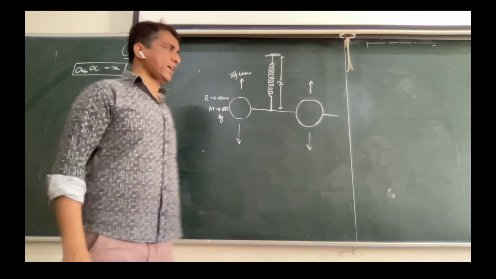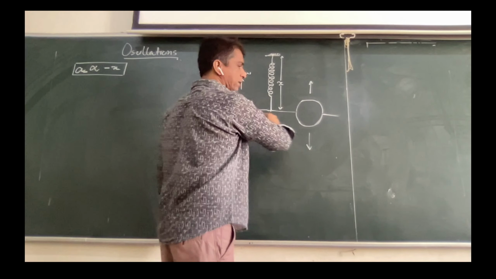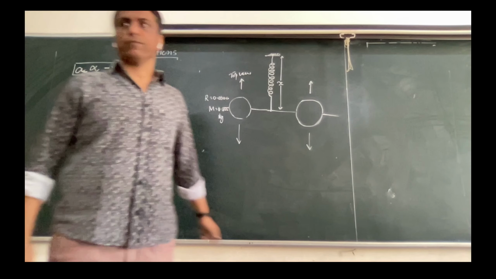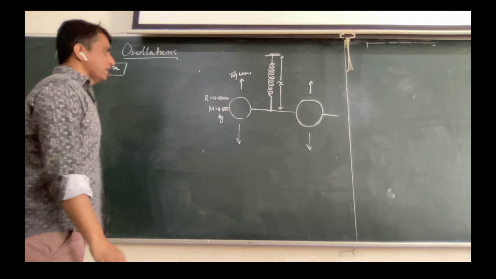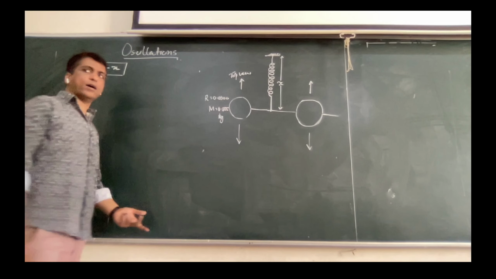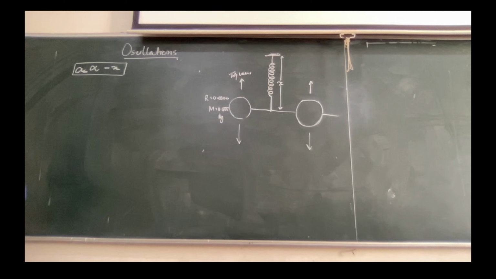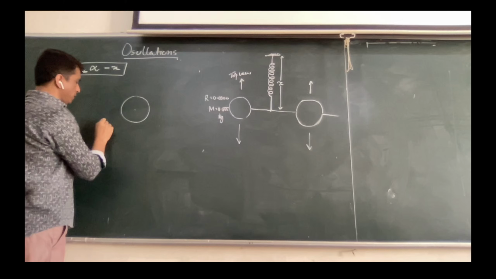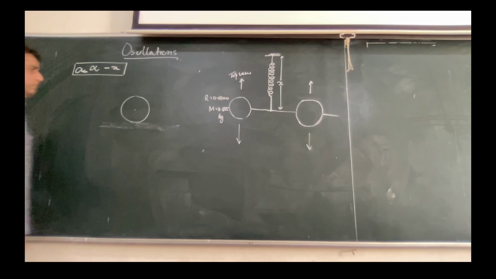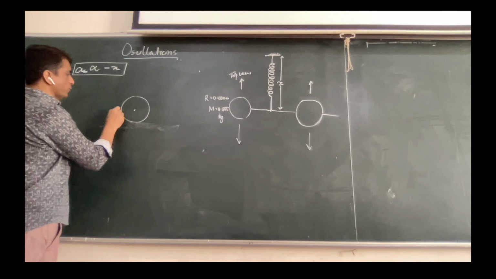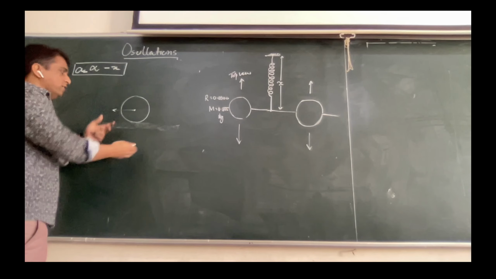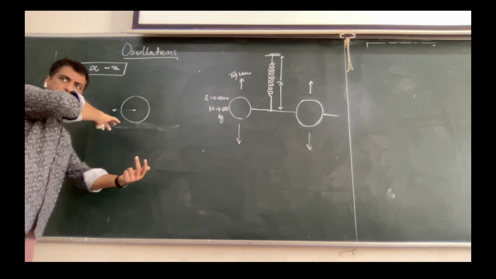Now the problem says that these two are in perfect rolling. That means as the spheres move, they roll also. Okay, if they are in perfect rolling, we need to figure out what are the forces which are acting. Correct? So if you have a sphere on a table, and if you pull it, say, this side, and if you want it to roll, where should the friction work?